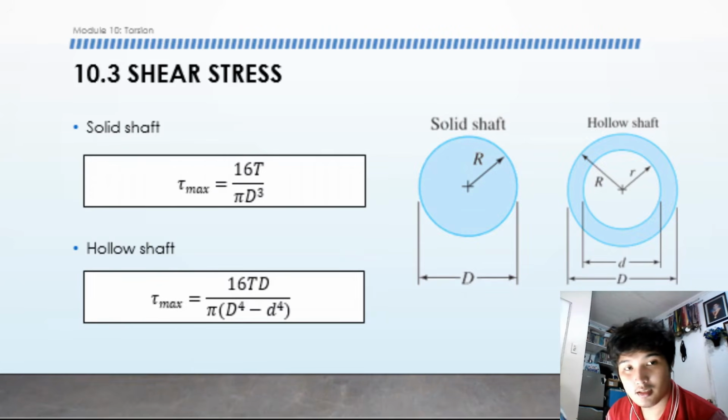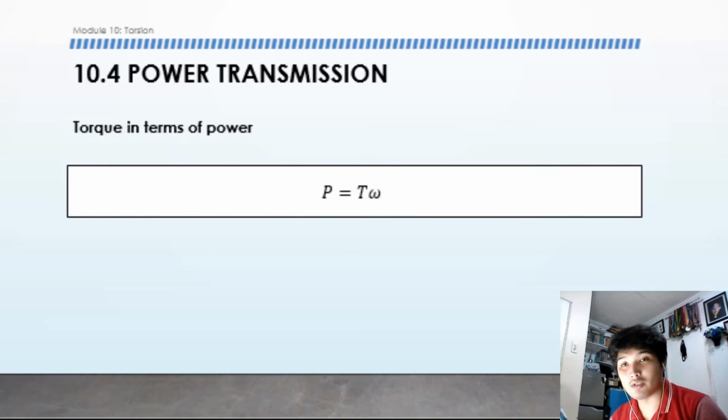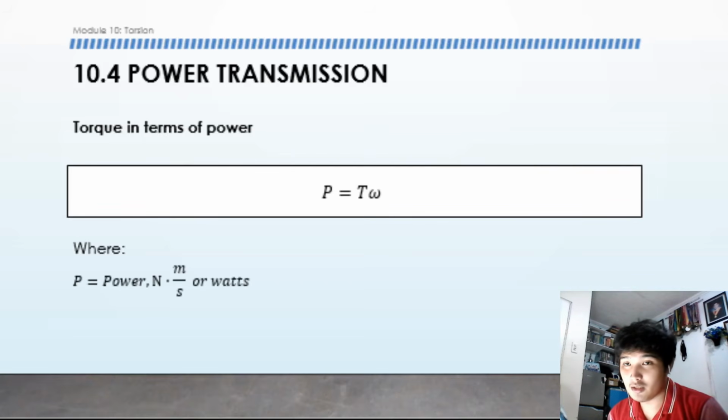Next is dito naman tayo class sa power transmitted by doon ng mga shaft natin, no? Power transmission. So, yung formula naman para ma-solve yung power in terms of torque T, ito naman po yung relationship nila. That yung power is equal sa torque T times the omega. So, yung omega is the angular speed. Okay, so anyways, define natin siya. So, ayan, where P is yung power.